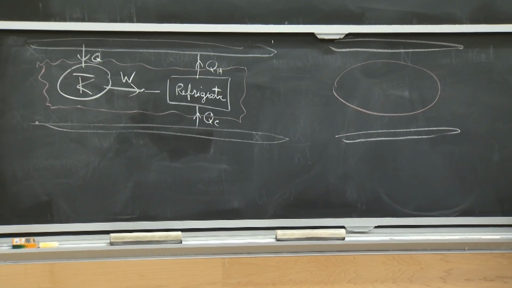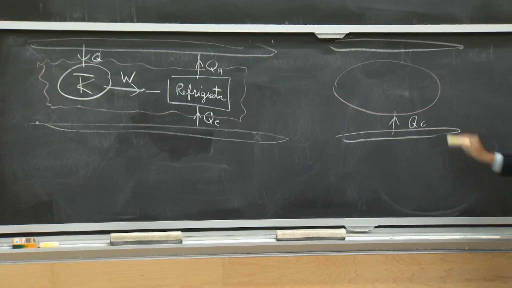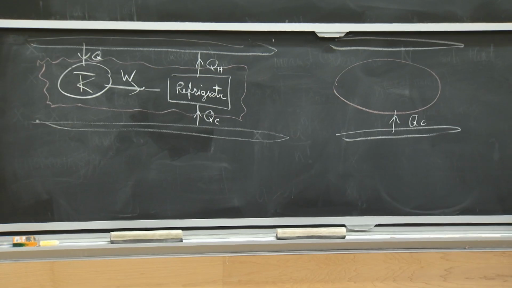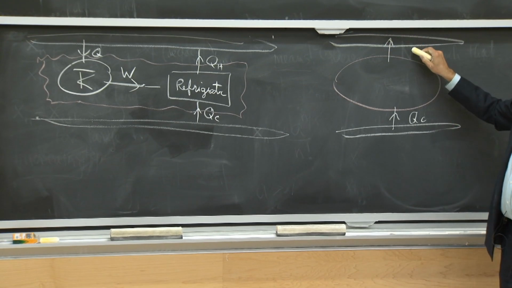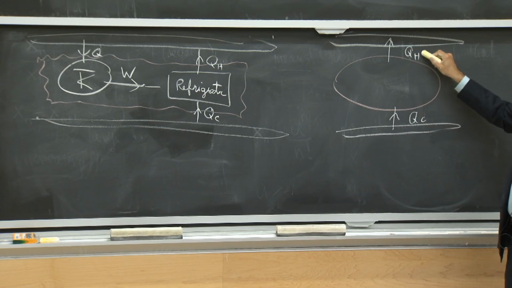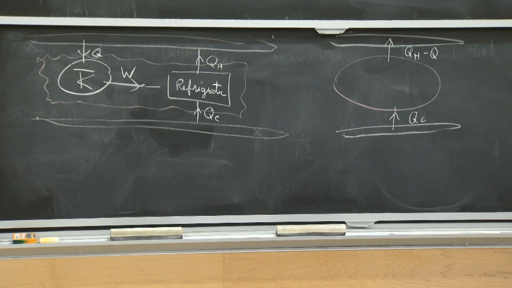It is all internal. But what is happening is that you are pulling QC out of the room and exhausting, presumably, what you have here, QH minus Q to the other side. And this, again, by conservation of energy, must be the same as QC, right?